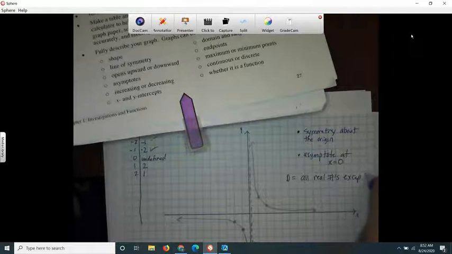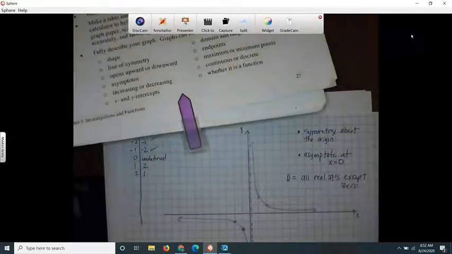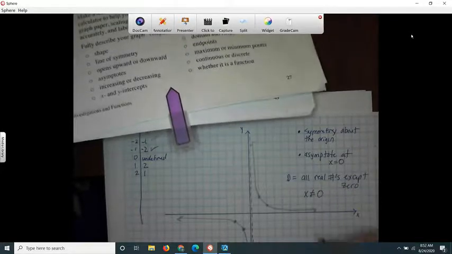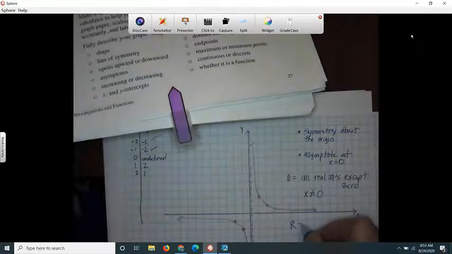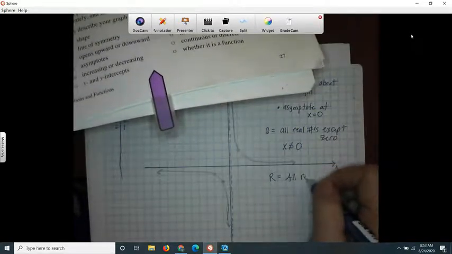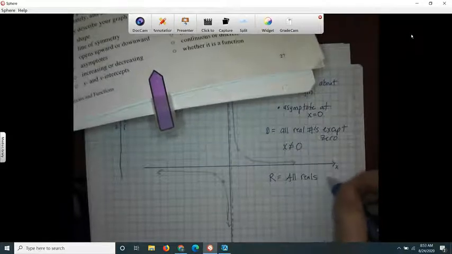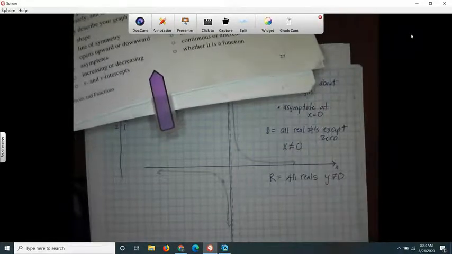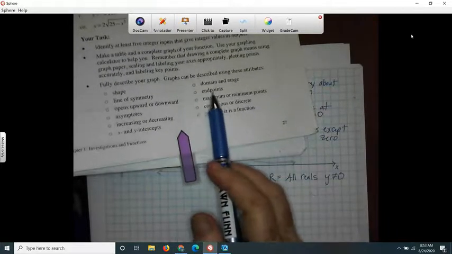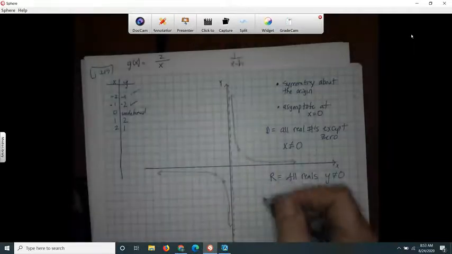Or in other words, x cannot equal 0. And then the range, I think I'm going to have something similar. It's going to be, because it goes infinitely high and infinitely low, I'm going to say it's all the real numbers except for y can't be 0. Endpoints, there's no endpoints. Max, it's continuous. And that's all I'm going to say about it.